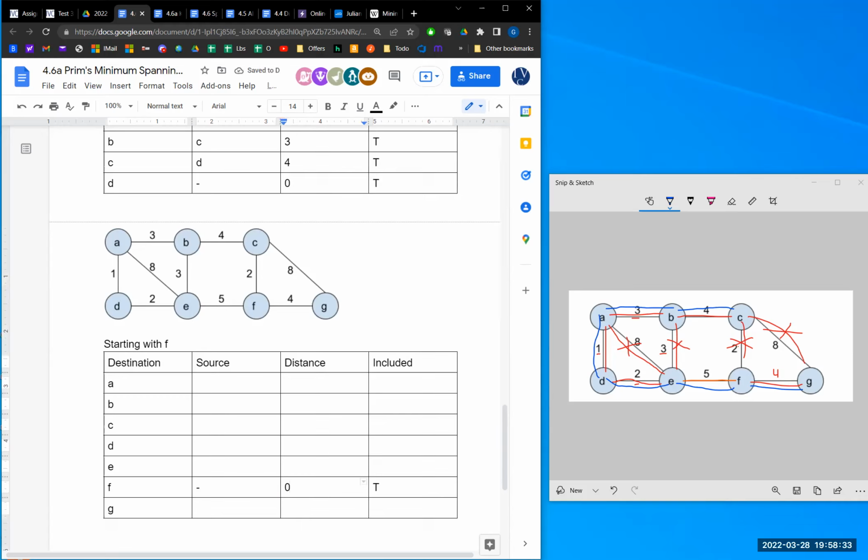This will give us 3 edges to process: F to C for 2, F to E for 5, and F to G for 4.